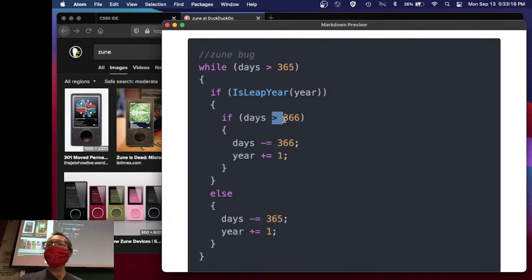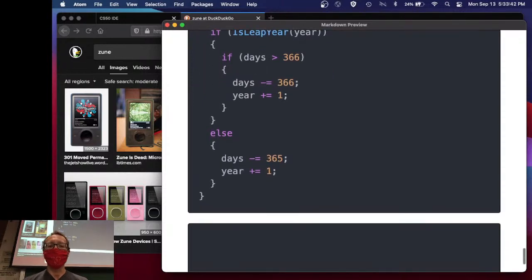So these little things, the missing equals sign here, can have huge dramatic impacts, right? And the only way that you know whether or not this is correct, or you have confidence that it's correct, is by thorough and rigorous unit testing. That's going to be the focus for the next couple of weeks in your labs too. All right, so there's the Zune bug.